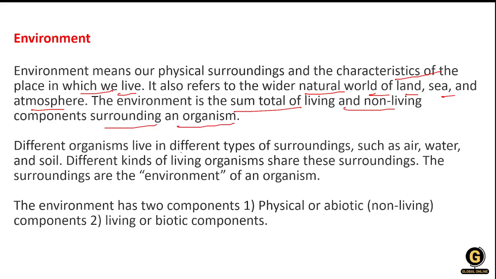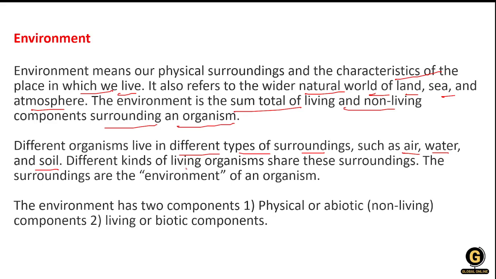So different organisms live in different types of surroundings, clear. Different organisms, living or non-living, live in different types of surroundings such as air, water, and soil. Some of the organisms can live in air, some in water or soil, okay.